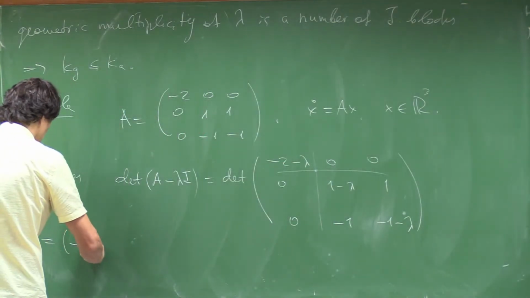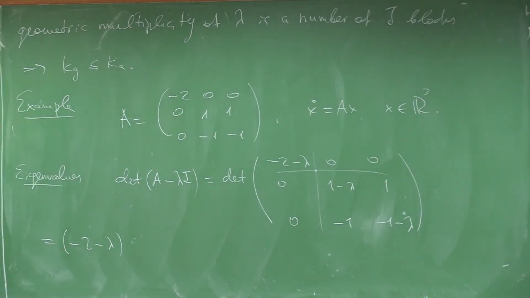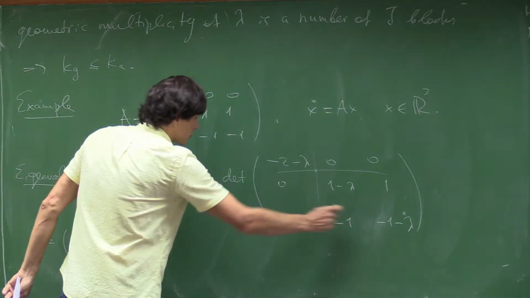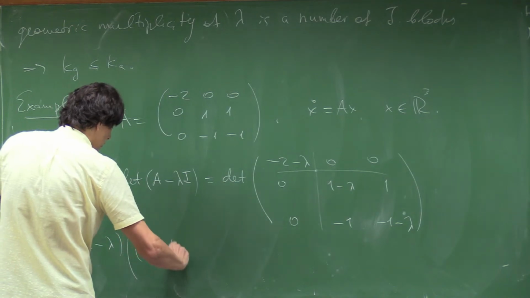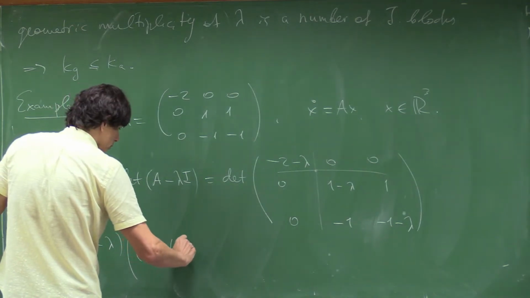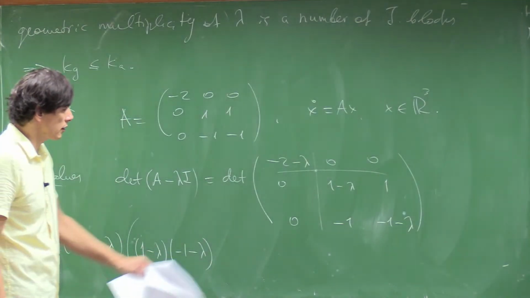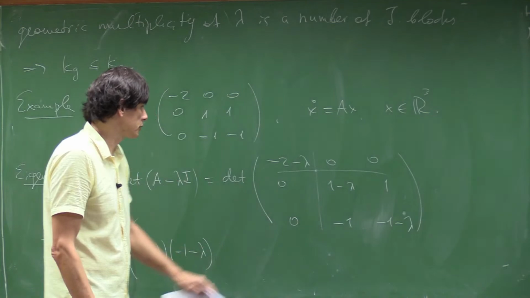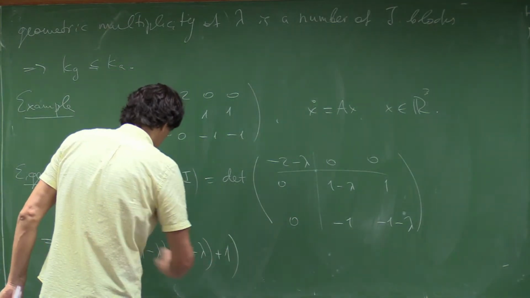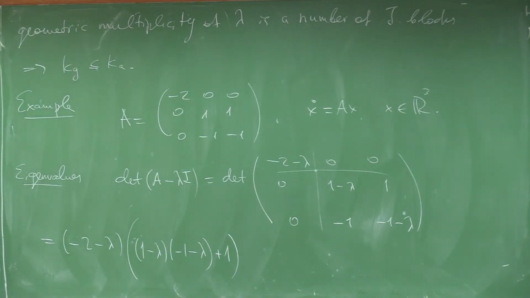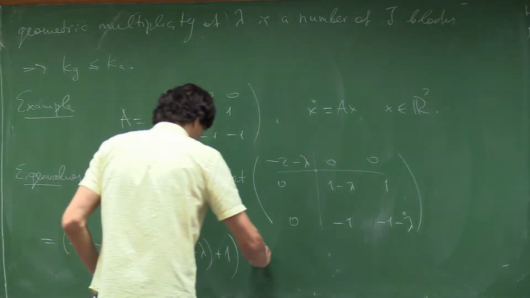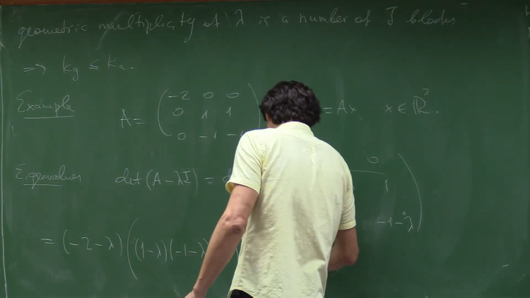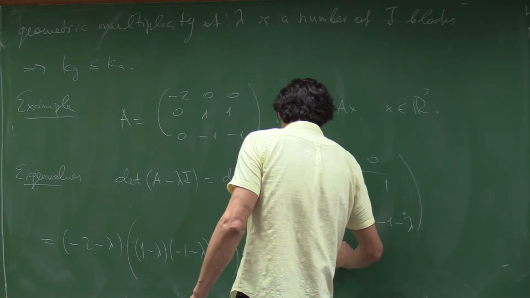So it's minus 2 minus lambda by 1 minus lambda minus 1 minus lambda, and then minus this part, so minus plus 1. When you open, 1 cancels, lambda cancels, so it will be just lambda squared. So it will be minus 2 minus lambda, times lambda squared.